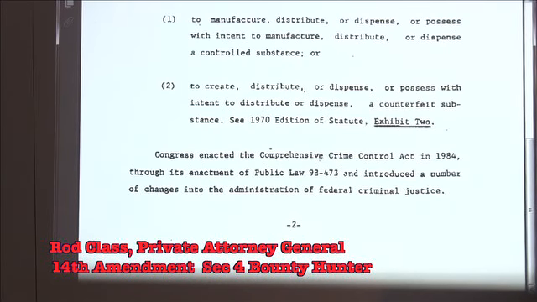Congress enacted the Comprehensive Crime Control Act of 1984. Through its enactment, Public Law 98-473 introduced a number of changes into the administration of federal criminal justice.